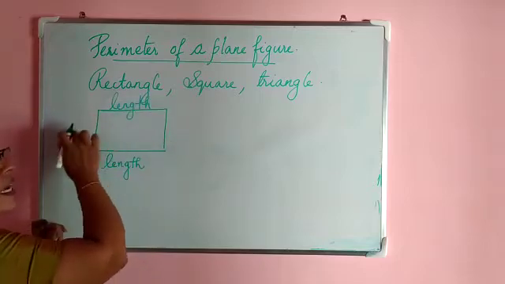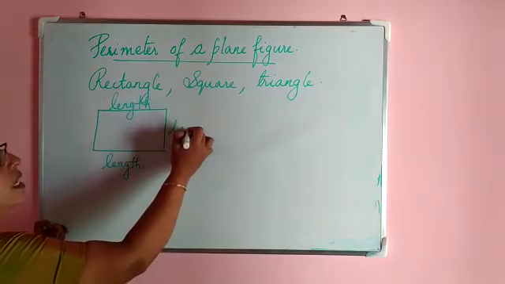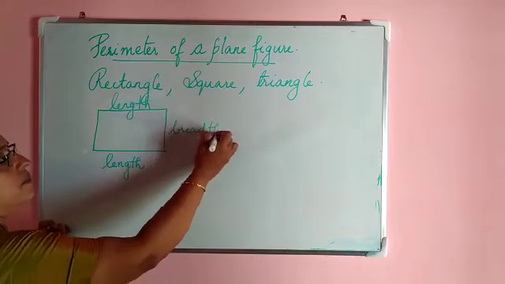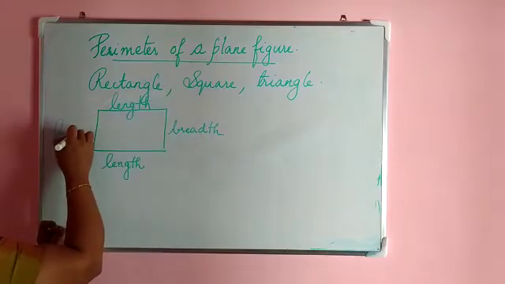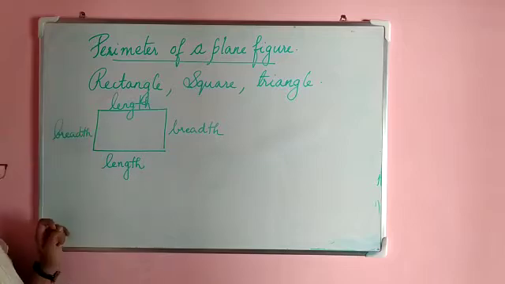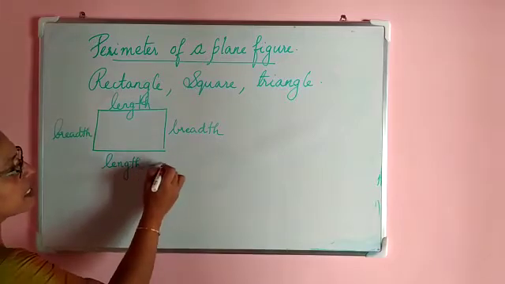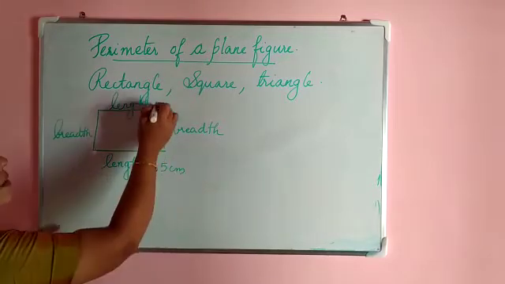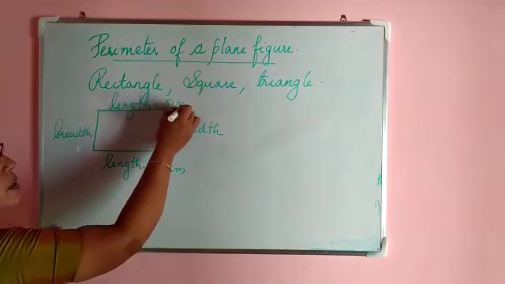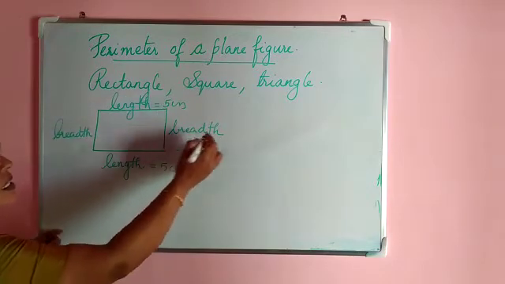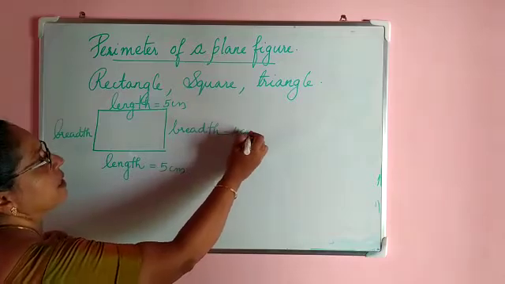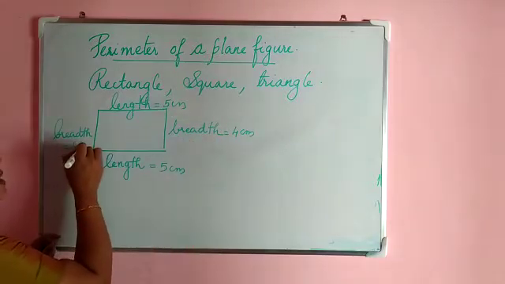And the other two sides are also equal. The shortest side we call breadth. So if length is 5 centimeter, then the opposite side is also 5 centimeter because they are equal. Breadth is 4 centimeter, then the opposite side is also 4 centimeter.